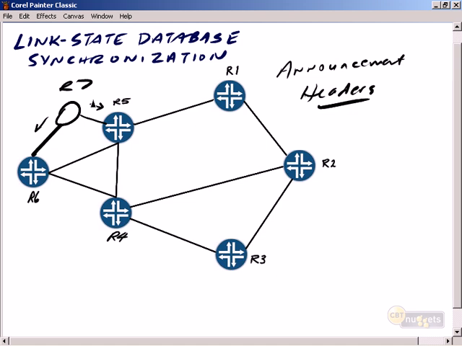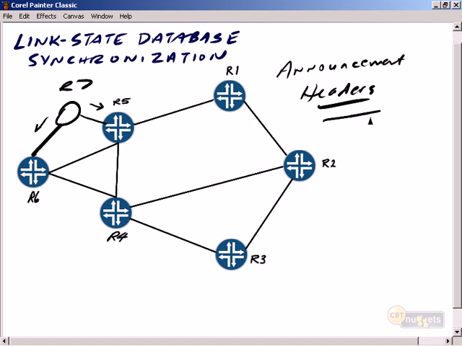So only the header has to be sent during the synchronization phases, when a neighbor is describing announcements in its database, and when a router is requesting a copy of the announcements that it doesn't have. Only the headers. Brilliant.